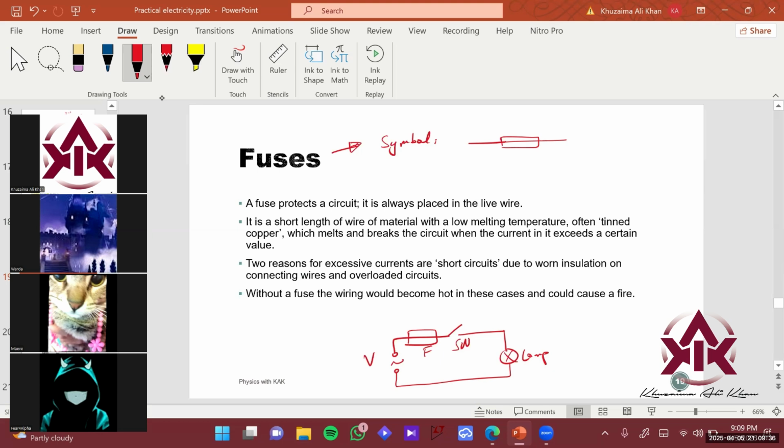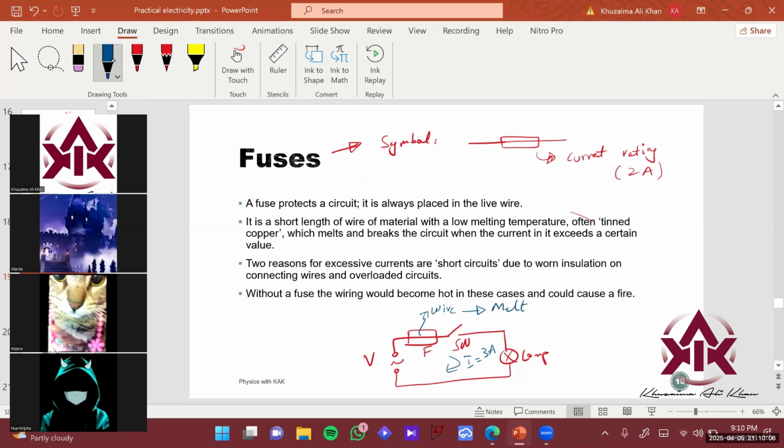What is the purpose of the fuse? Every fuse has a current rating. It limits the amount of current that can flow. Let's say its limit is 2 amperes. It can allow a maximum current of 2 amperes in the circuit.